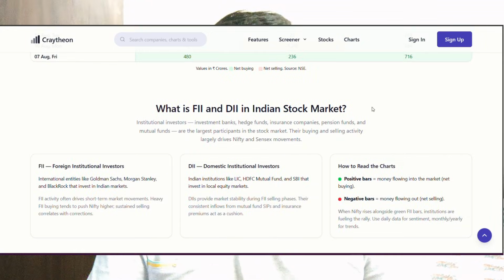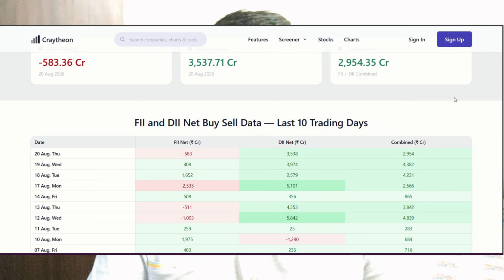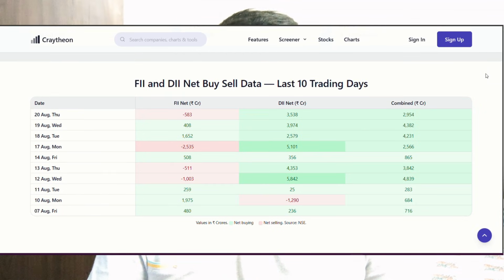Now we will be discussing foreign institutional investor and DII buying and selling in Indian markets. First we will see the combined data of FII and DII net buying, and when we combine both, the data is positive for the past 10 days at least.